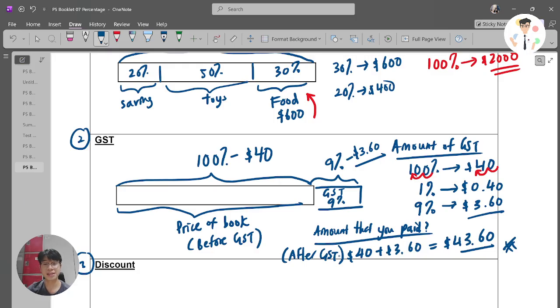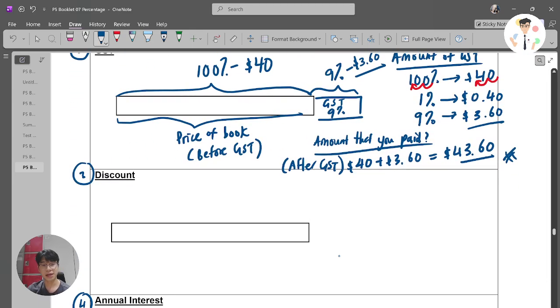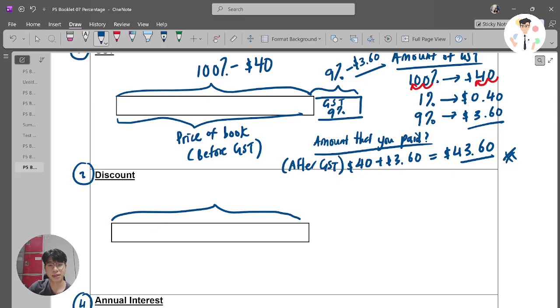Okay, so let's move on and talk about discount. Again, as you know, discount means that you need to pay lesser. So for example, I can say that this is 100%, up to here. I would say that the item, for example, is $250. This is a sports shoes.